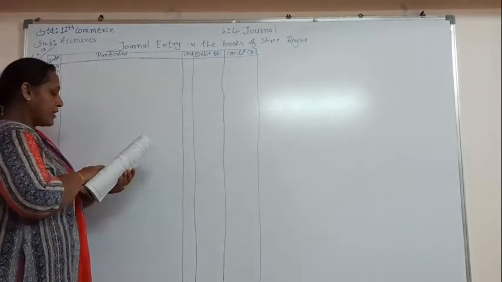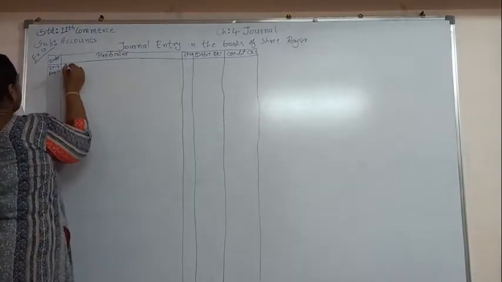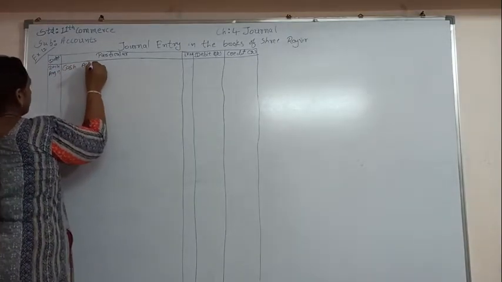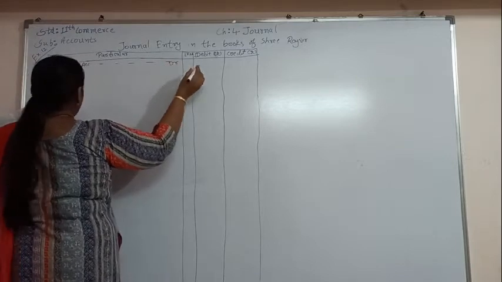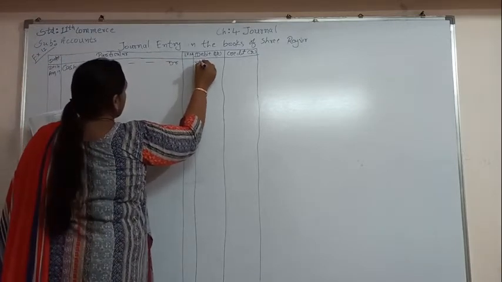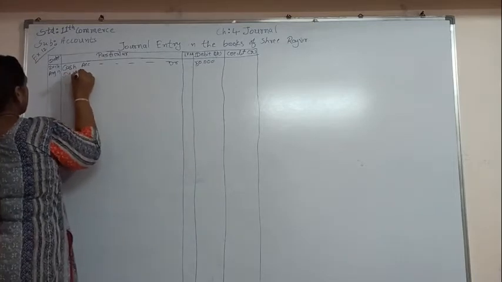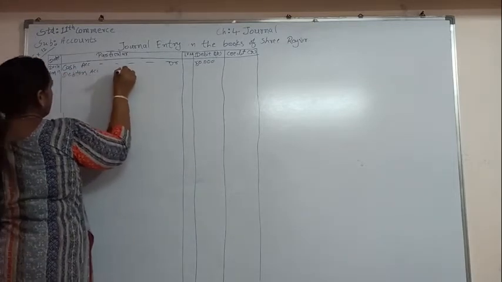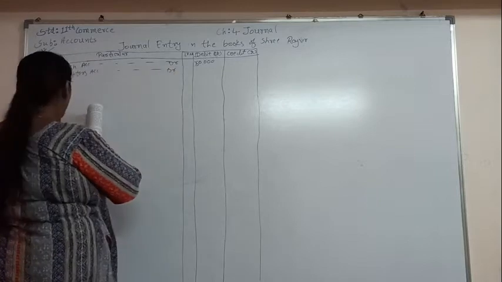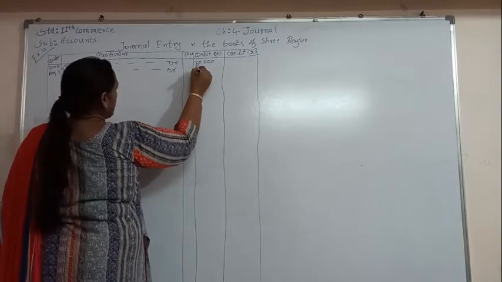So the journal entry will be cash account debit of 50,000, receivable means debtors account debit of rupees 25,000.